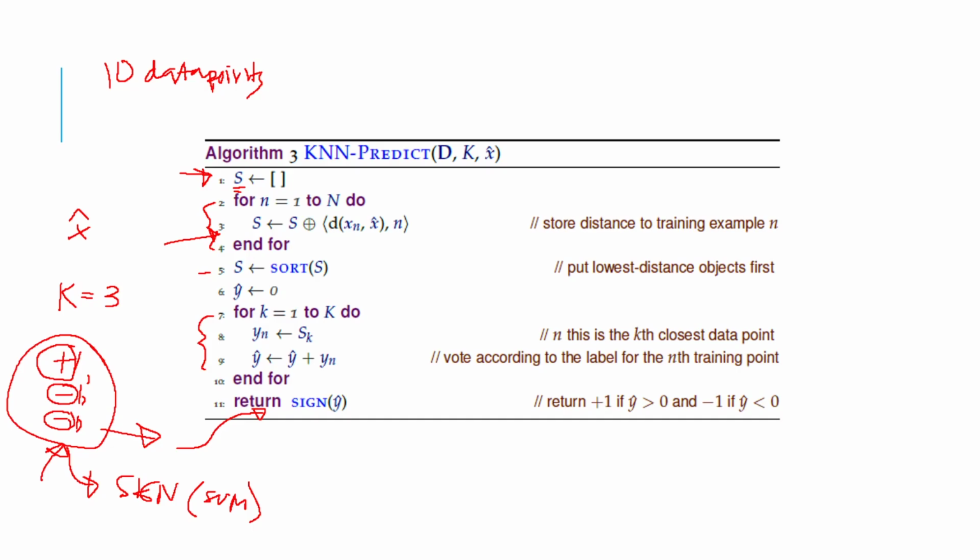Because of course, if you have more negatives, which would be the majority of your k nearest neighbors, then you would expect to get a negative sign when you add them all up. So that's how simple the algorithm is for the k nearest neighbor.